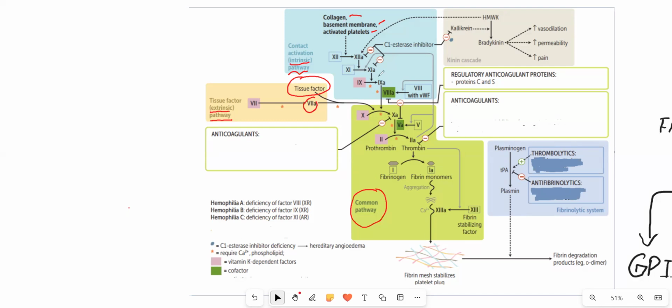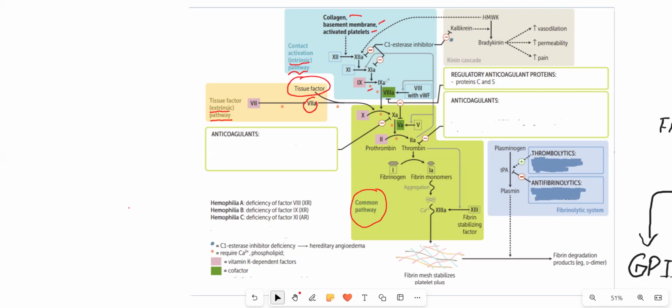Then this 11a activated factor converts factor 9 into factor 9a. These stars show that these steps require calcium.